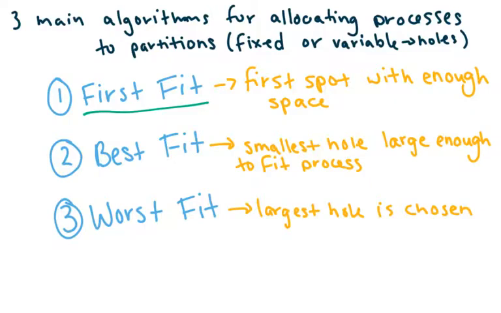We look through all of our partitions, find the smallest hole that's still large enough, and put ourselves there. And then we have worst fit, where we choose the largest hole. This might not be obvious as to why this algorithm is even there, but I'll talk about where you might decide to use it a little bit at the end.